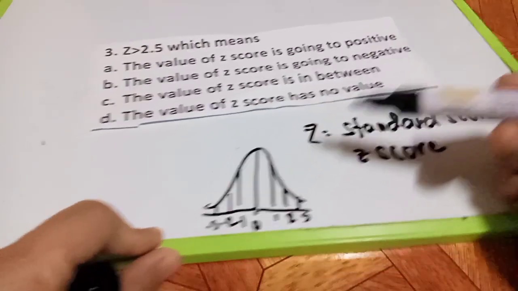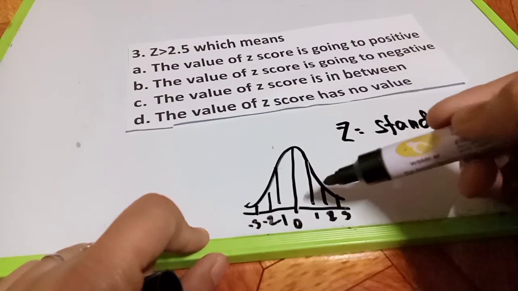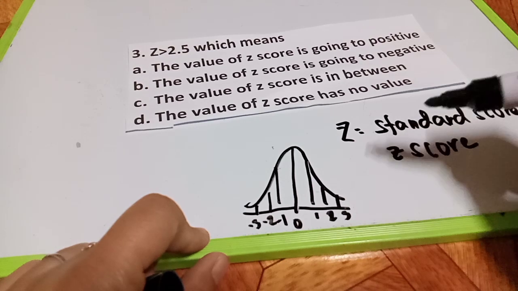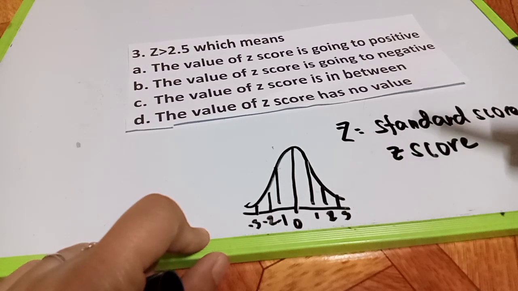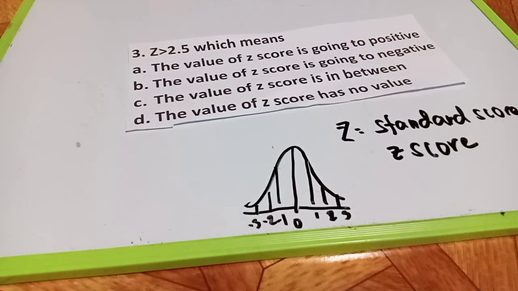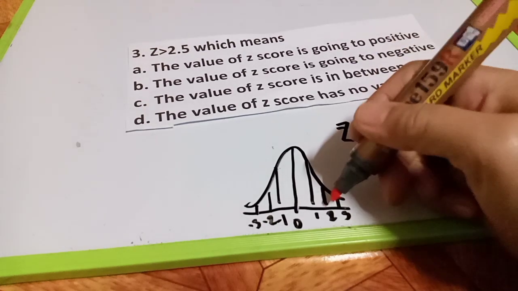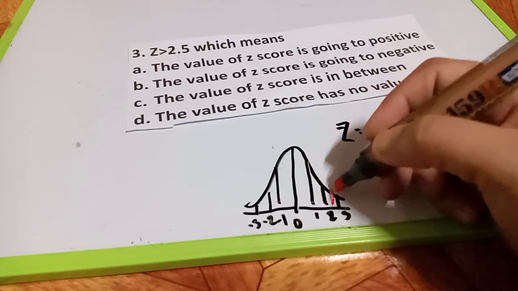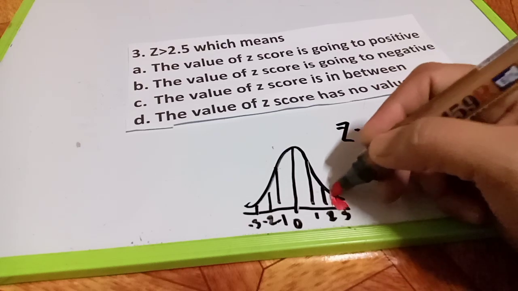If this is greater than, it means this is going to the right, or mostly in the positive. So if we draw this, this is the part of the 2.5. This is 2.5 and we will shade this one.